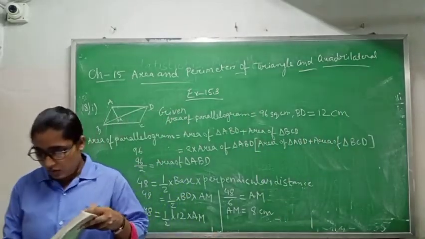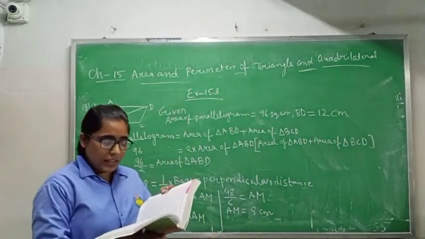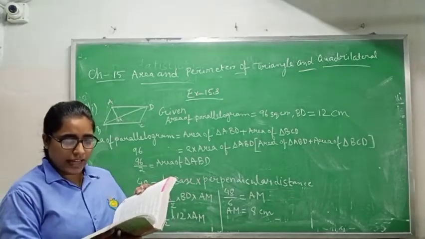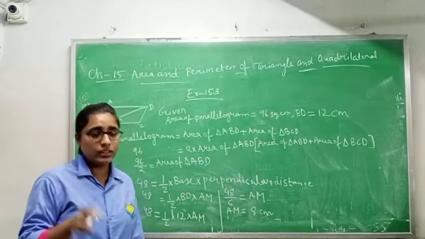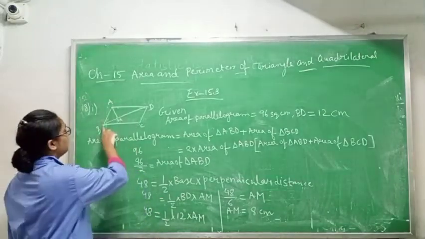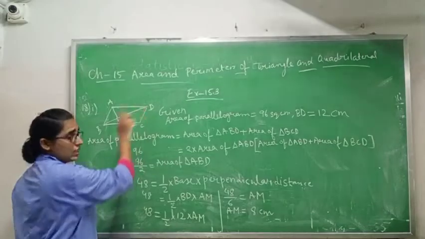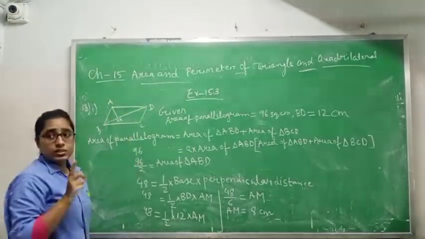Now, what is the perpendicular length drawn on diagonal BD from the point A? So ABCD is a parallelogram, BD is diagonal.